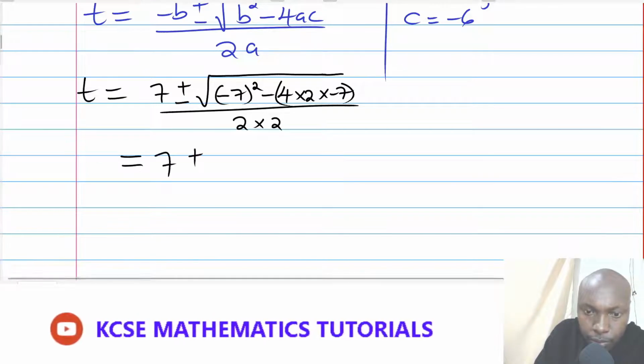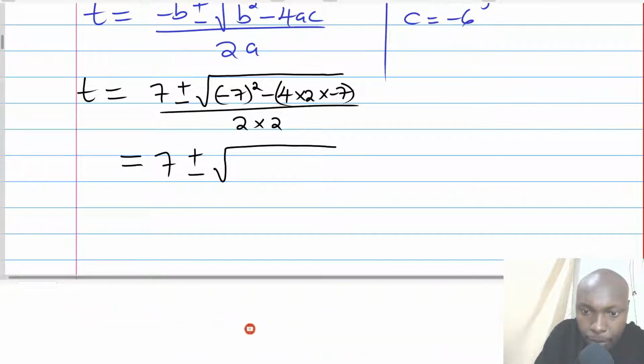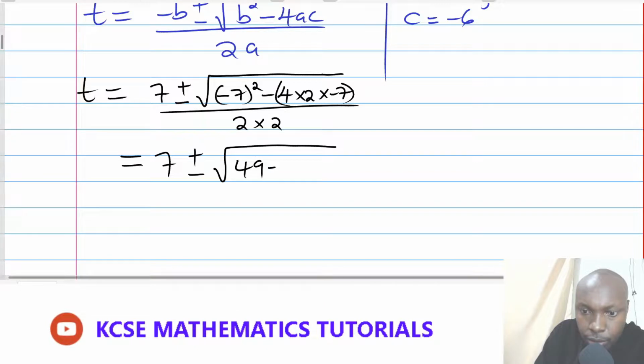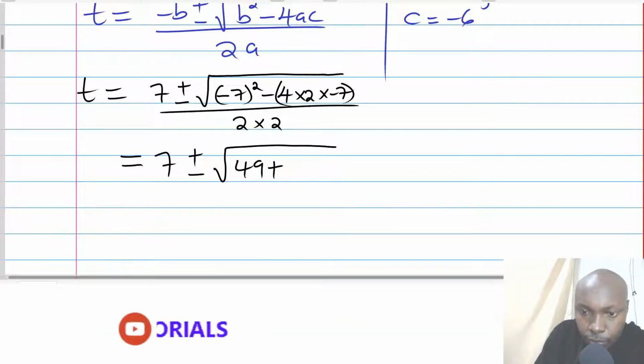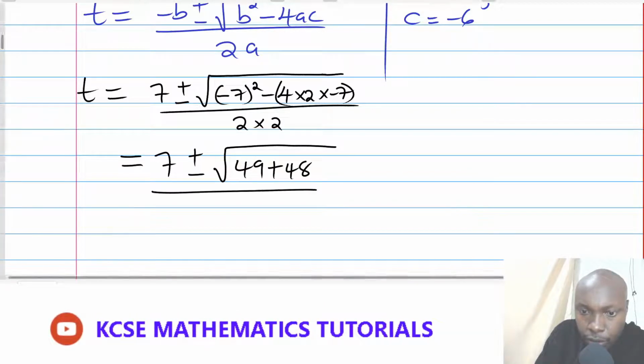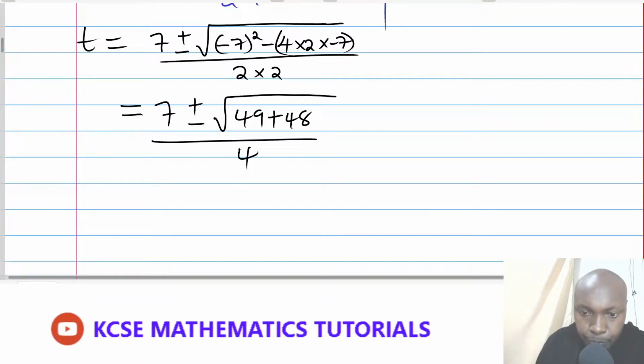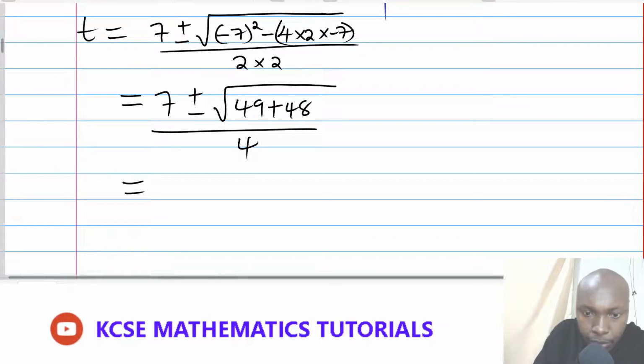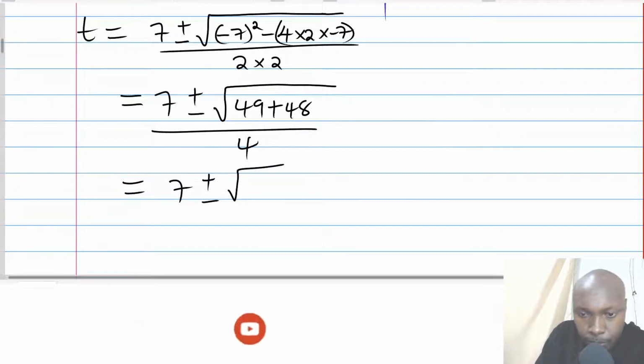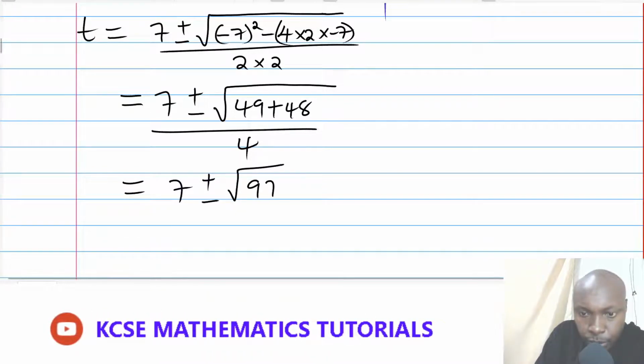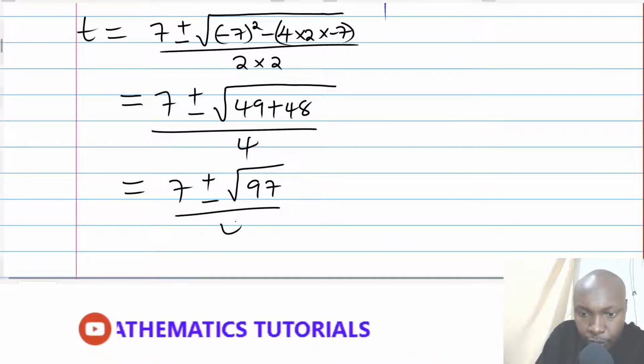This will be 7 plus or minus the square root of 49 plus 48, everything divided by 4.